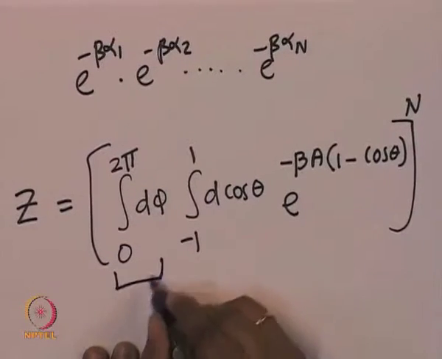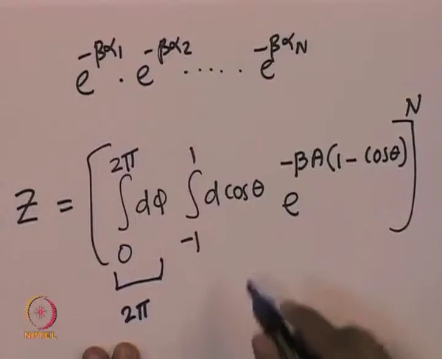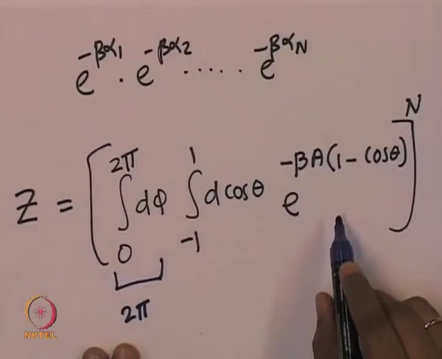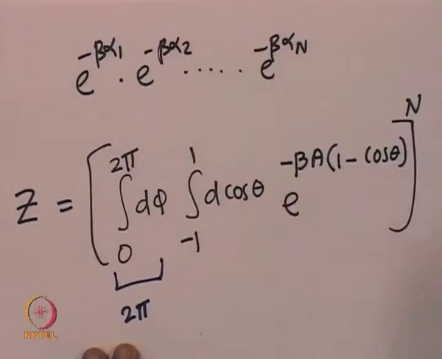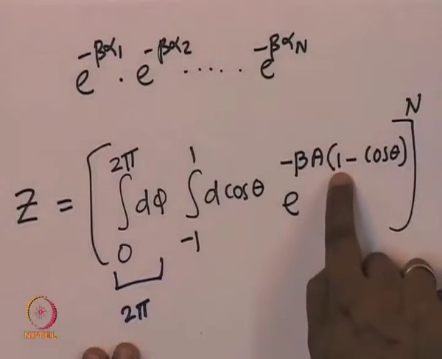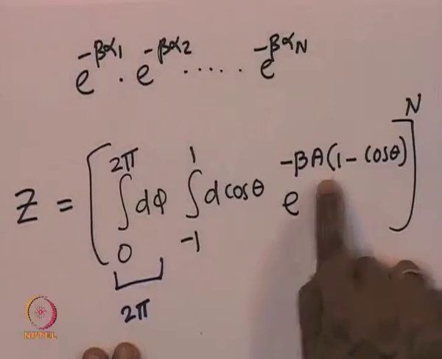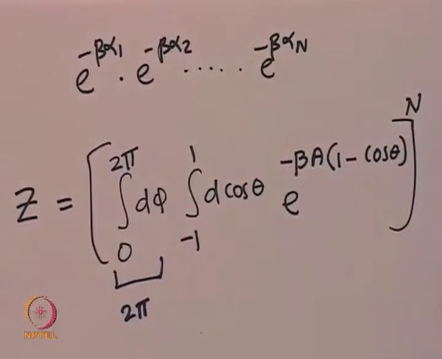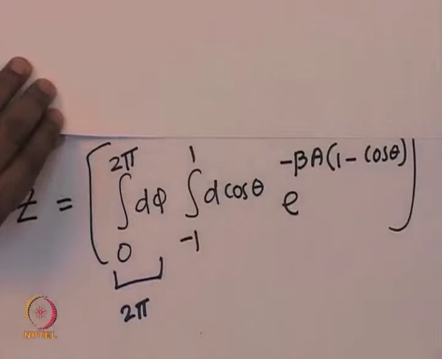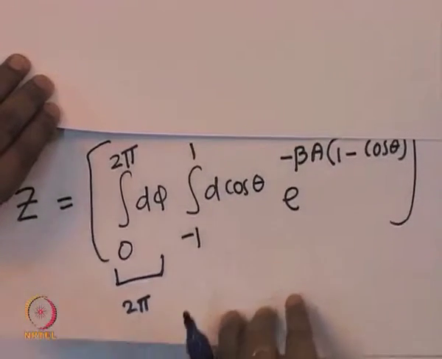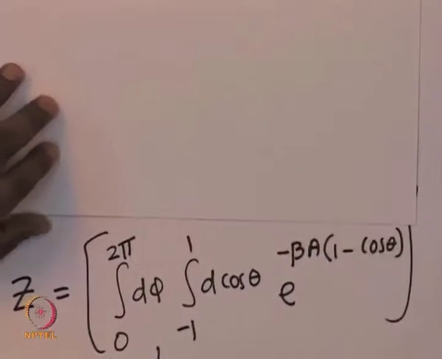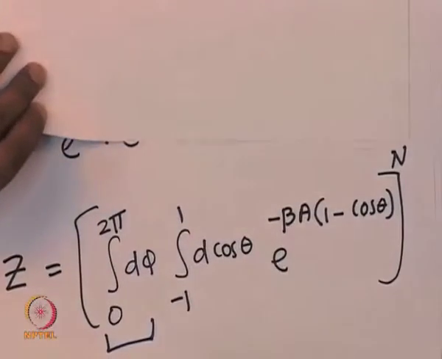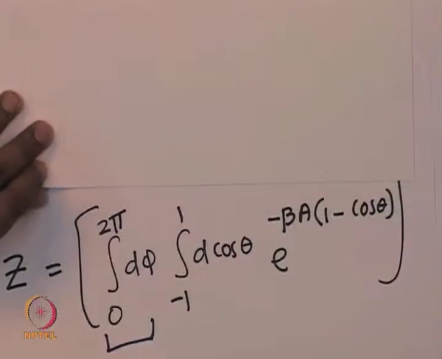The phi integral gives 2 pi, as we know, and we can easily calculate the other integral. Here e power minus beta a, this term will come out, and we can call cos theta as x. Let us quickly rewrite this.